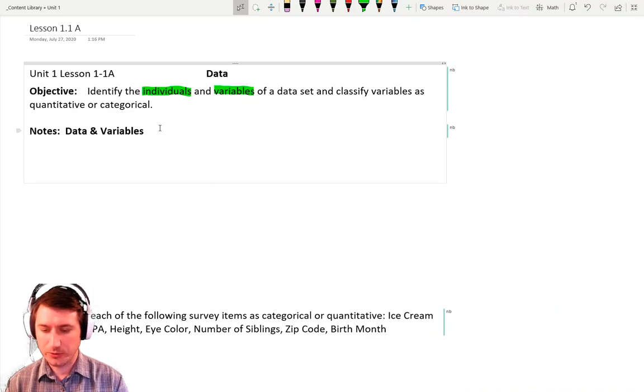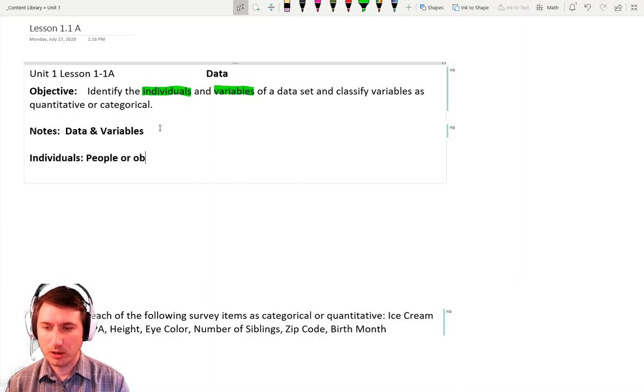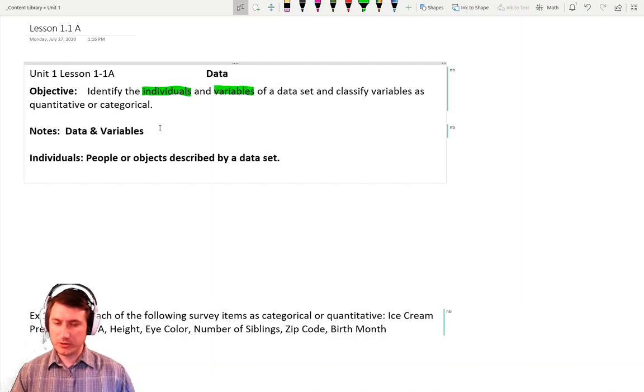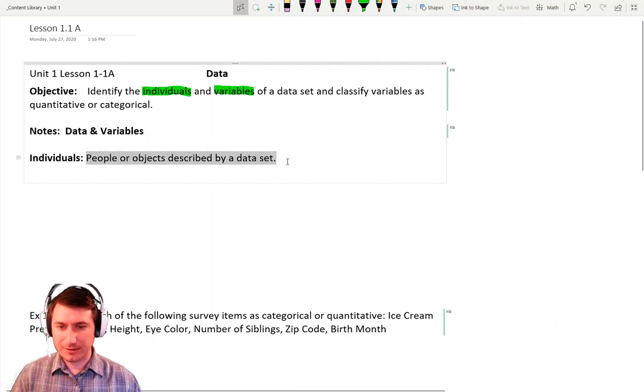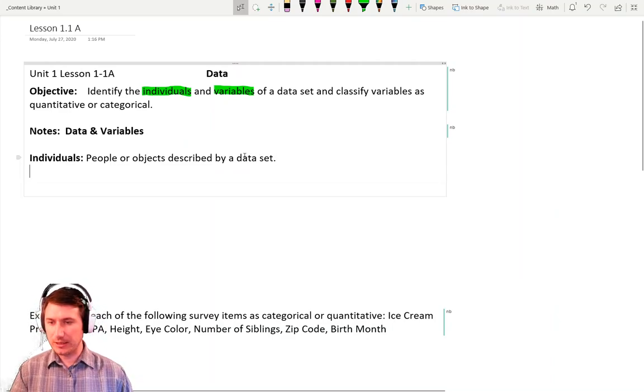The individuals are the people or objects described by a data set. They're the people you're asking the question of. Now, it doesn't actually always have to be people. You can ask things, questions, but we'll get to that when it pops up.